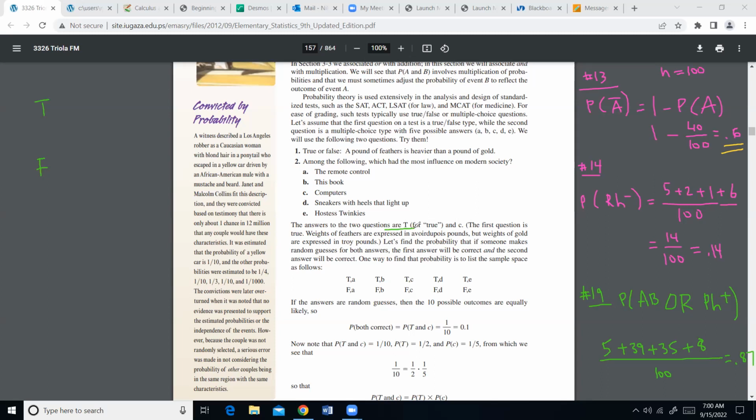So the next step will be a multiple choice question, and there are 5 possibilities: A, B, C, D, and E. I'm sure you're familiar with these multiple choice exams. The same 5 possibilities for the second answer are also possible when you answered F for the first. So we have this same 5, right?